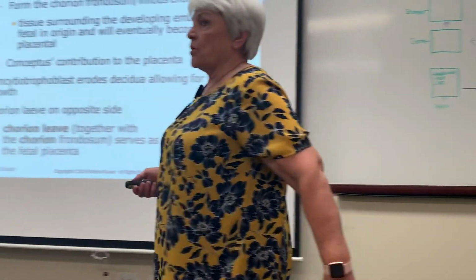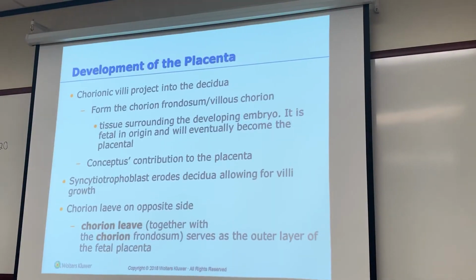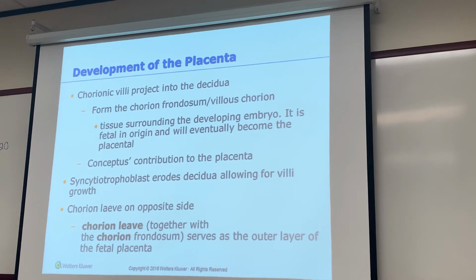So the chorionic villi burrow into the endometrium at the decidua basalis. At the decidua basalis, then I'm going to have the chorion frondosum. That is also called the villus chorion. It's the tissue surrounding the embryo.